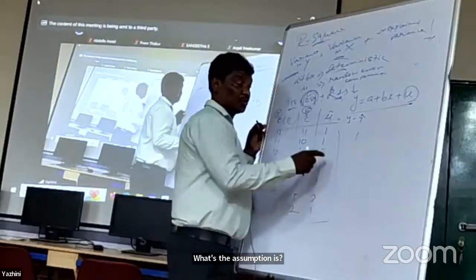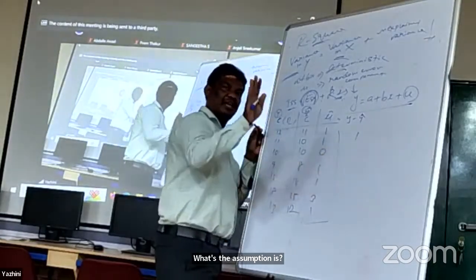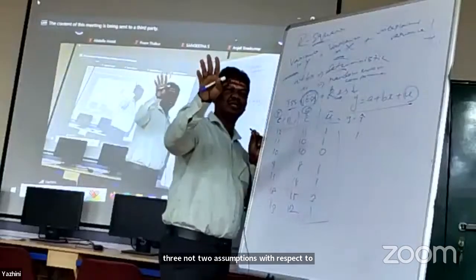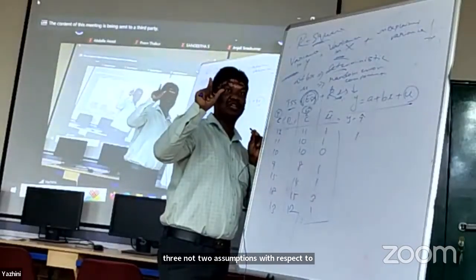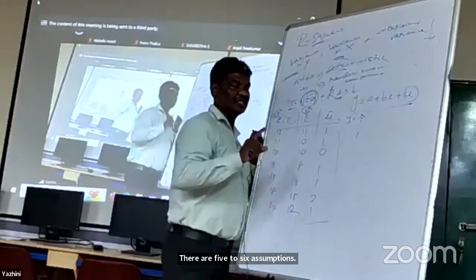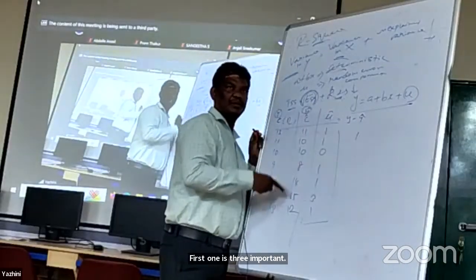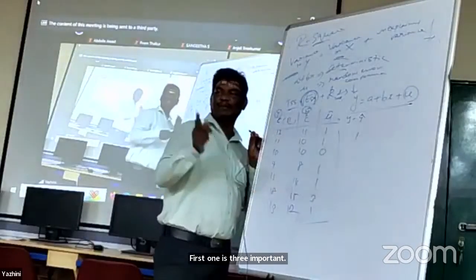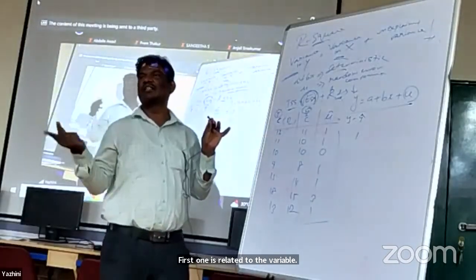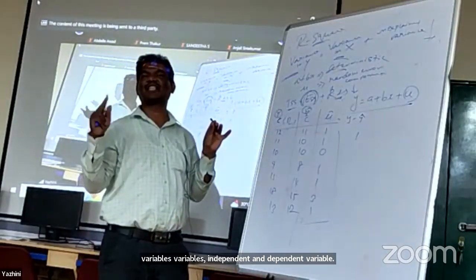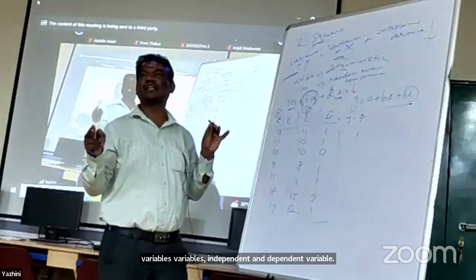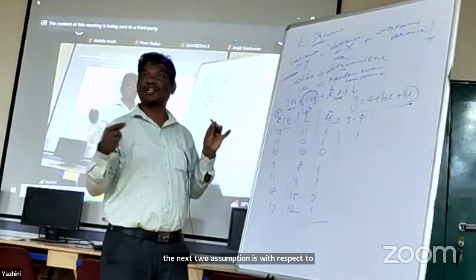There are five to six assumptions; three important ones I'll give you. The first is related to the independent and dependent variables. The next two assumptions are with respect to the residual.